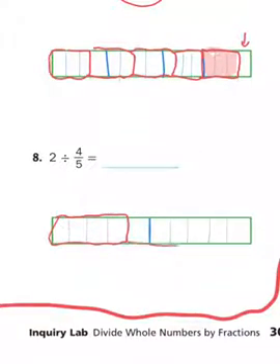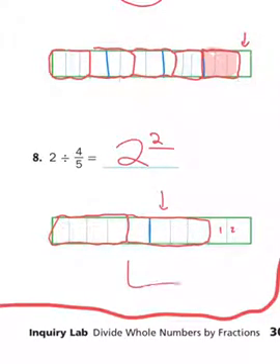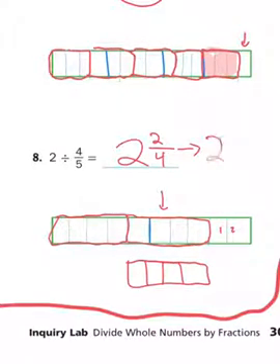Here's 2 groups of 4/5. So I get 2 whole groups, and there's 2 little pieces left. And now look at a whole. See how if I just take a whole, it's split into 4ths? So 2/4 of a whole piece. Now maybe you even saw that that reduces to 2 1/2, because 2/4 is a half.